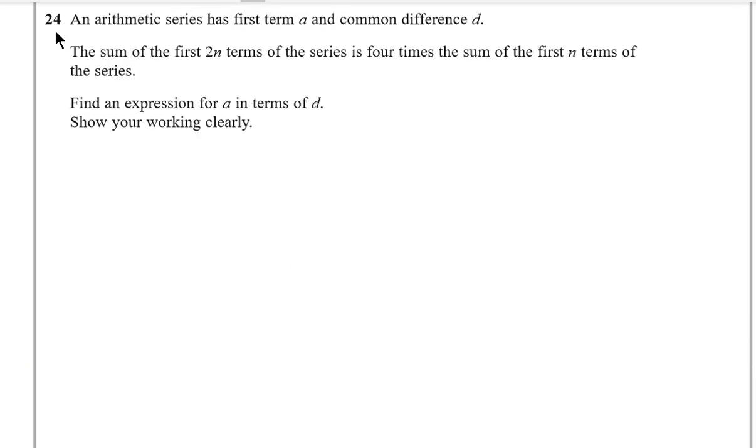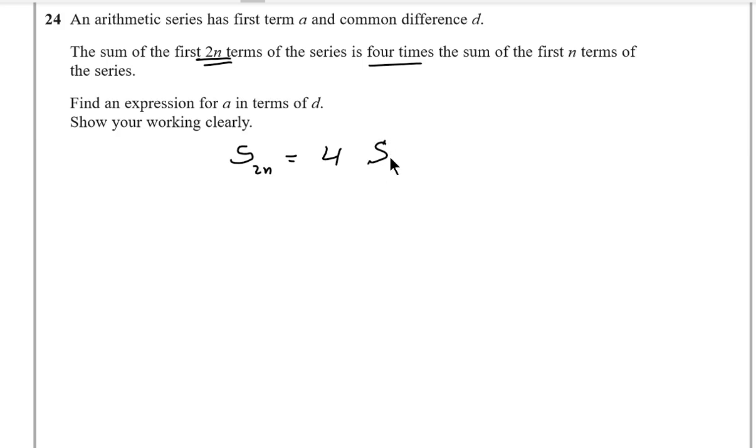Last question, 24. An arithmetic series has first term a and common difference d. The sum of the first 2n terms of the series is 4 times the sum of the first n terms of the series. Find an expression for a in terms of d. Very interesting question. We will translate this information to math as S2n equals 4 multiplied by Sn.